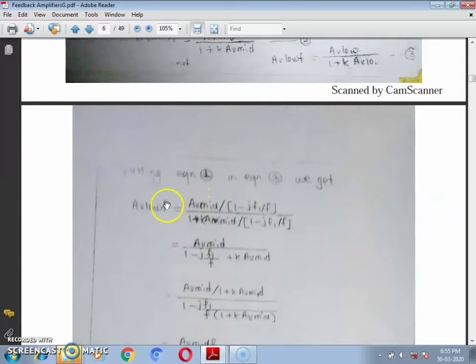Plugging this value into this expression, finally we will have AVF at low frequency given as AV at mid frequency divided by 1 minus J times F1 divided by F, divided by 1 plus KAV mid. If we slightly rearrange this, finally we will have this expression as AV mid divided by 1 minus J F1 divided by F plus K times AV mid.